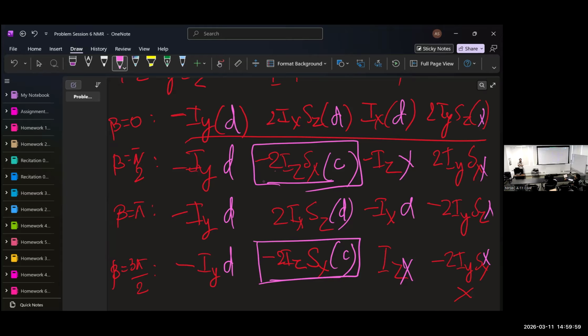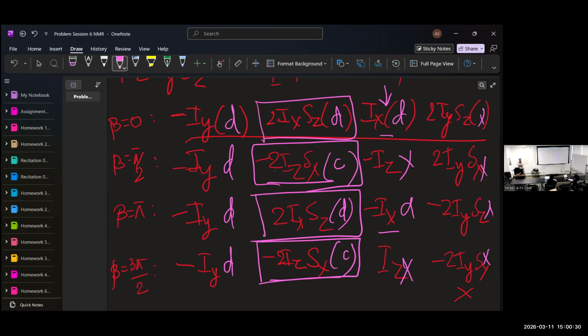So the simplest thing to do is to preserve these four and try and arrange for everything else to get zeroed out. You can see that in this column, you have IX over here and minus IX over here.